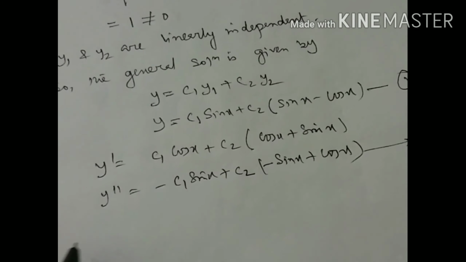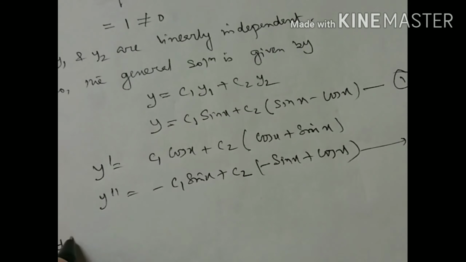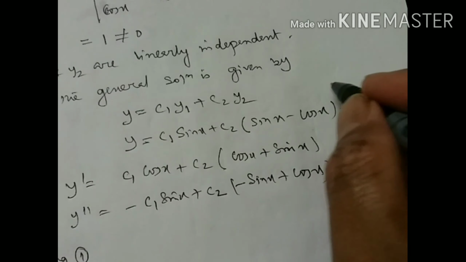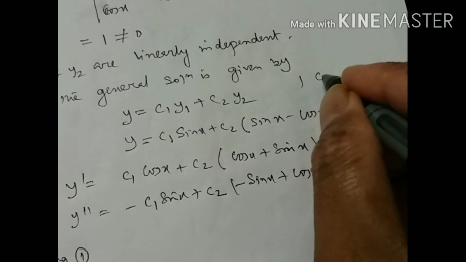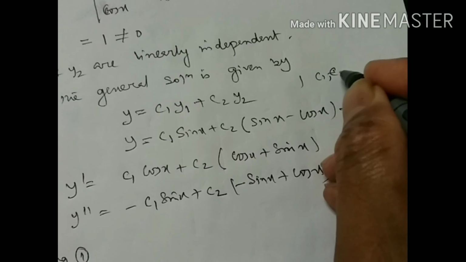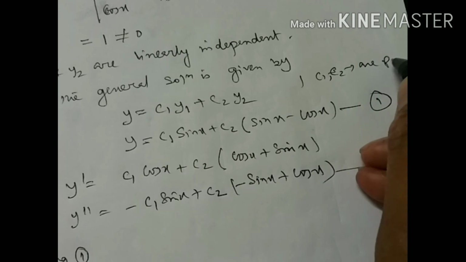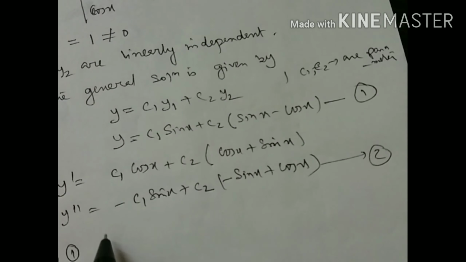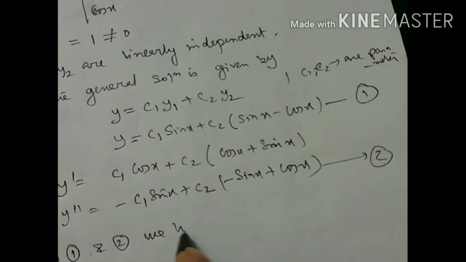So if we add 1 and 2, here obviously c1 and c2 are parameters. So after adding 1 and 2, we have y double dash plus y equal to 0.